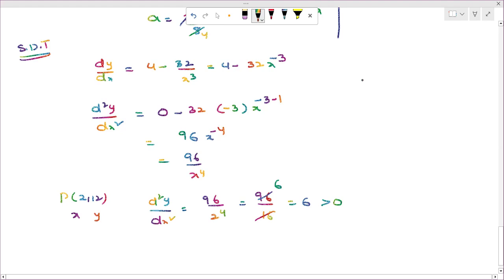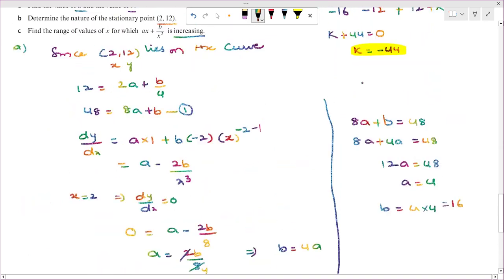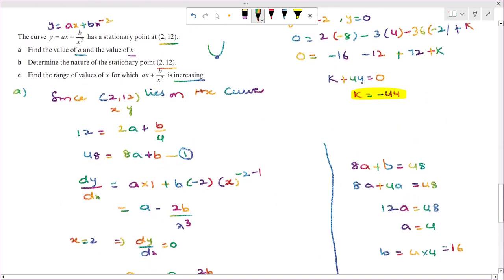This is positive. If it is greater than 0, it means this is a minimum point. This has a minimum point at x is equal to 2. Okay. Now we got the nature of the point.